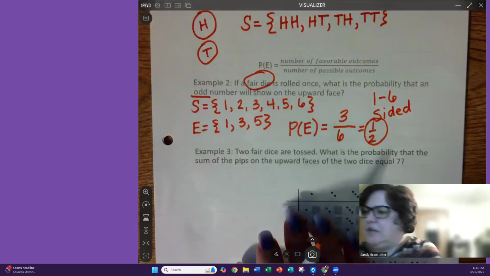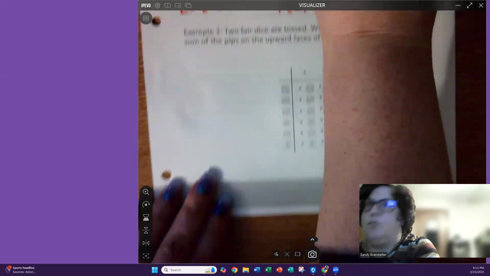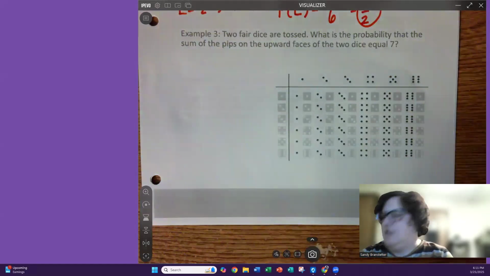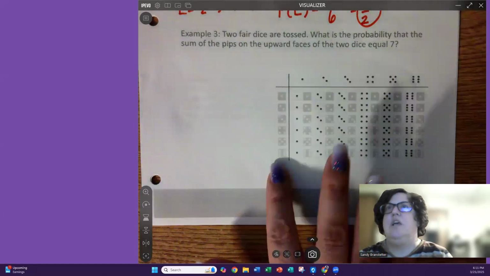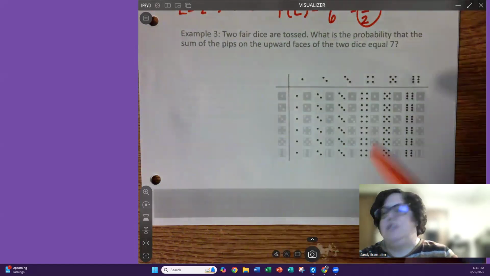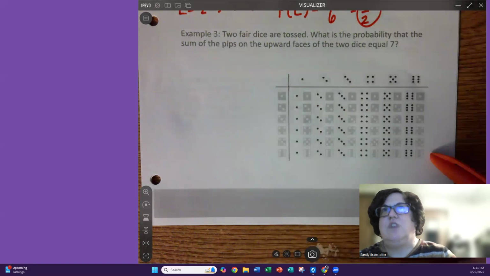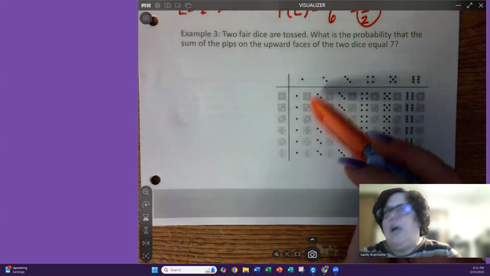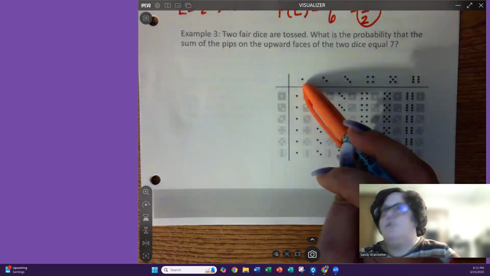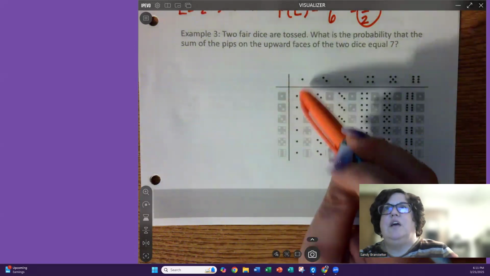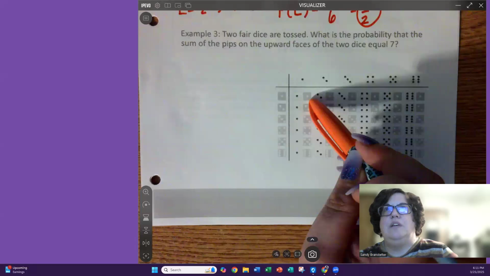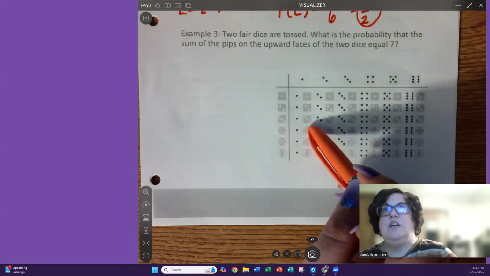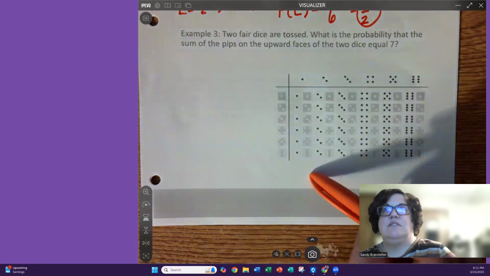All right, for example 3, we're going to be looking at 2 fair dice being tossed. And I've included a picture here for you. Again, you would need to recreate this for any problem you were asked. So think about how it's created. So if the 1 comes up, I can have a 1 and a 1, a 1 and a 2, a 1 and a 3, all the way down to 1 and 6.